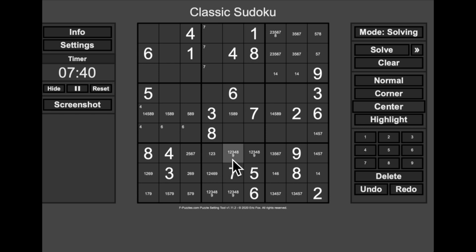This cell cannot be 4, 8, or 9. Neither can that one. Okay. So these are 1, 2, 3 triple. That means, crucially, that 1, 2, 3 must be in these cells. So none of these can be 1, 2, or 3.